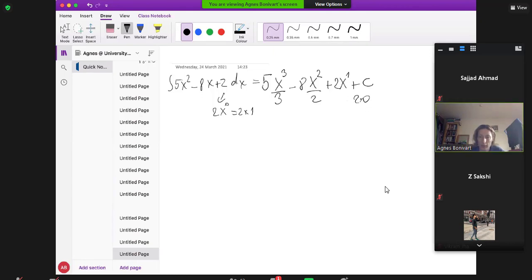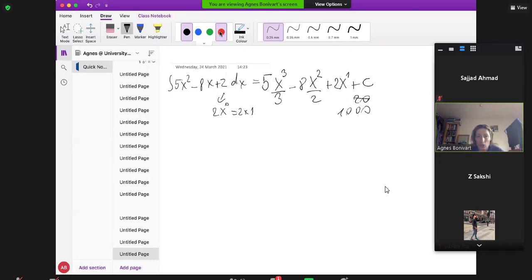If I differentiate it, what is the derivative of 20? 0. Yes, so I get the same function back. If instead of 20, I write 1,000, then what? It is 0 again. So I get this function back. So it doesn't matter what constant I write here. When I differentiate this function, this becomes 0. So I get this function back.